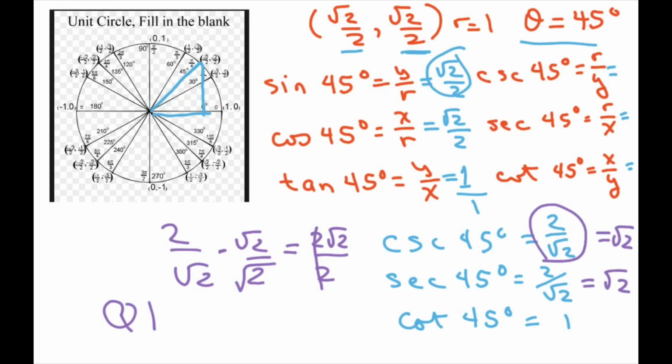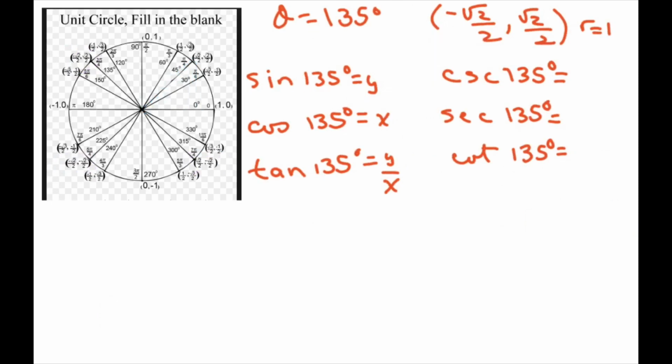And the rest of them we're going to use the same values. We're just going to change the sign. Because if you notice, they're all the same ordered pair except for the sign, depending on what quadrant you're in.